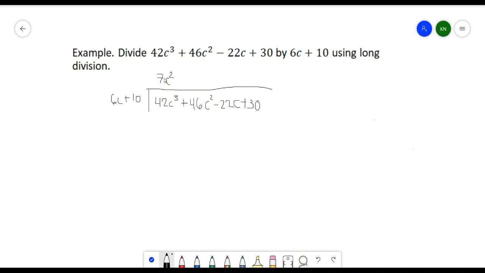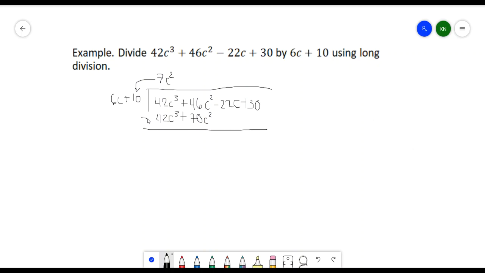Now, multiplying this, same process, 7 times 6, that is 42. And then c squared times c, that is c cubed. So we have 42c cubed. And then multiplying this by this, we have 7 times 10, that is equivalent to 70c squared.